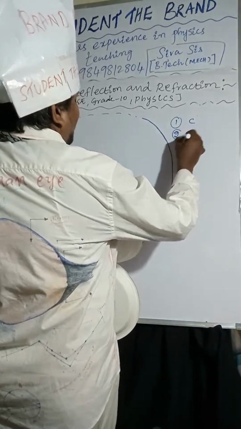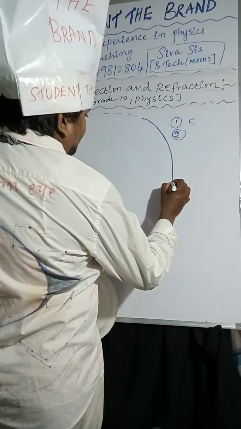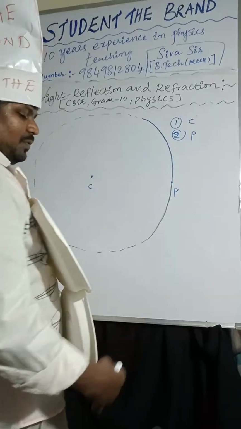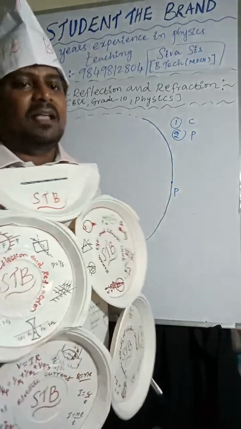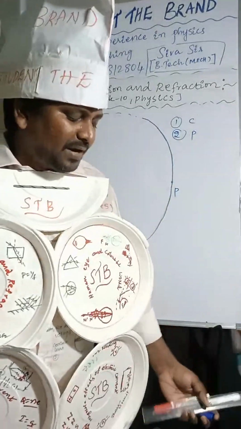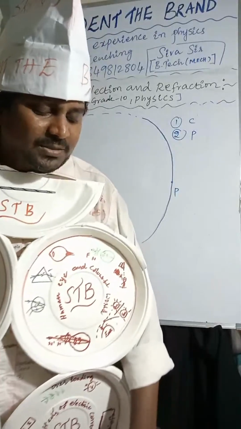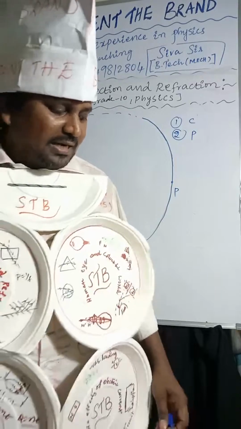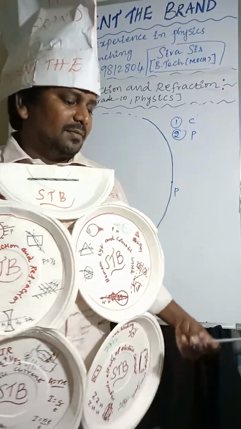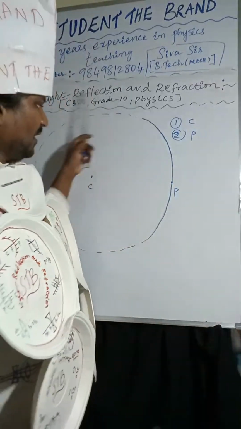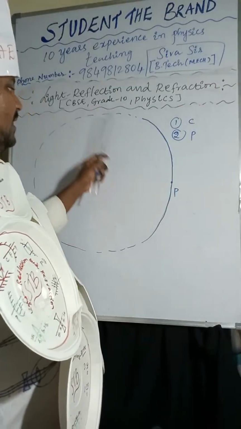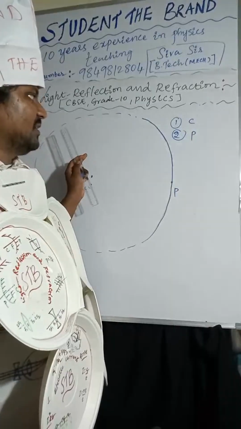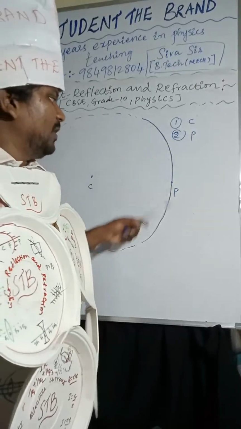Second one, the midpoint of the mirror is called the pole. The center of the imaginary sphere in which the mirror is a part is called the center of curvature. The mirror is a part of this sphere, that's why it is called center of curvature. Pole is the midpoint of the mirror.